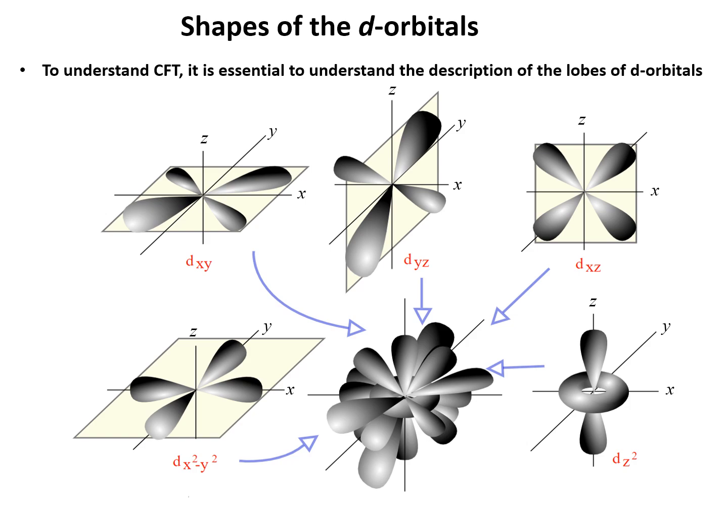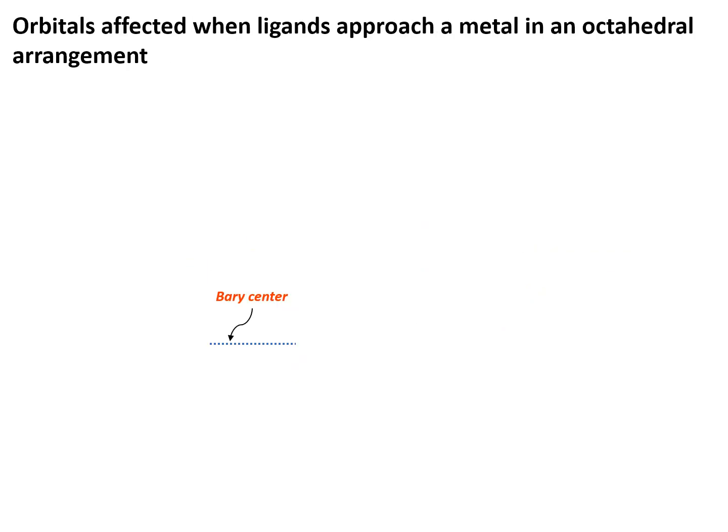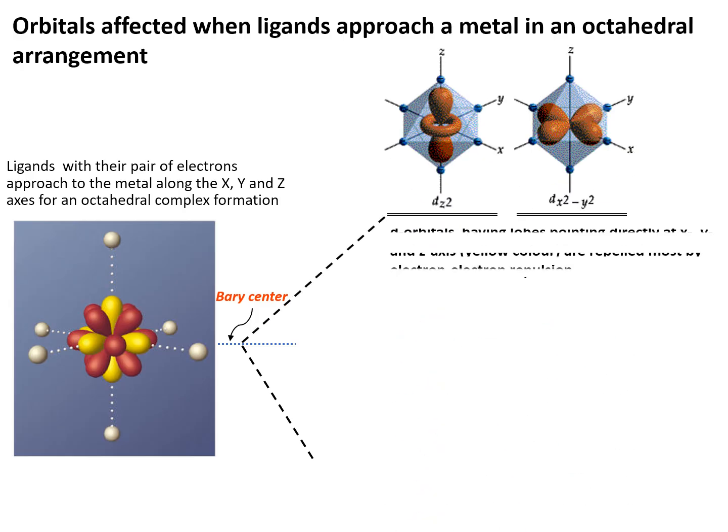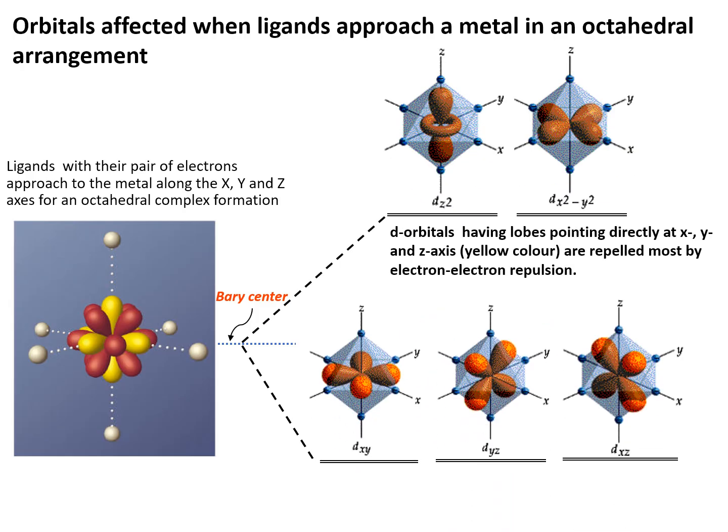So in an octahedral complex, ligands approach along the x, y, z axis. Therefore, the d orbitals directed along these axes experience greater repulsion, and that's why they split into different orbitals, T2g and eg. The dxy, dxz, and dyz lie in between the axes, so they face less repulsion.